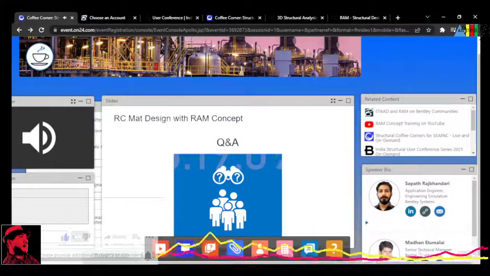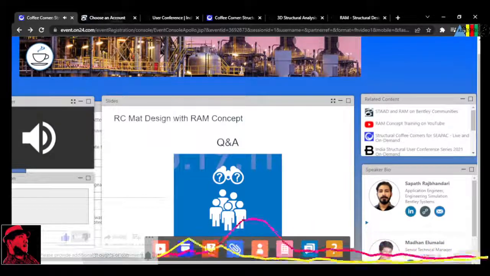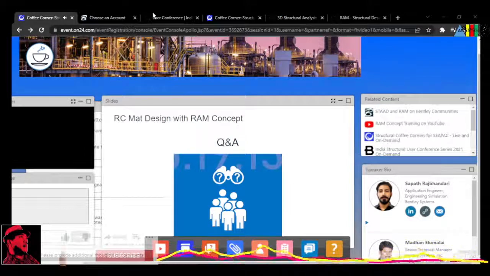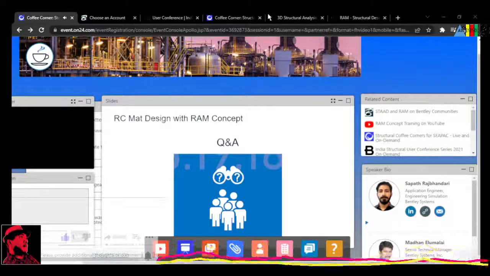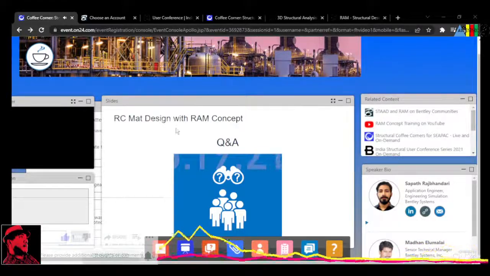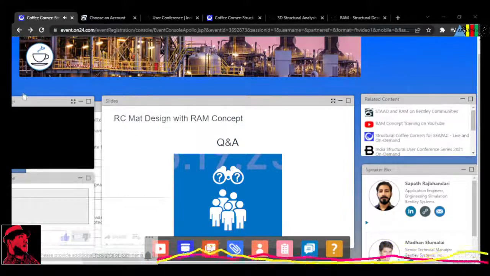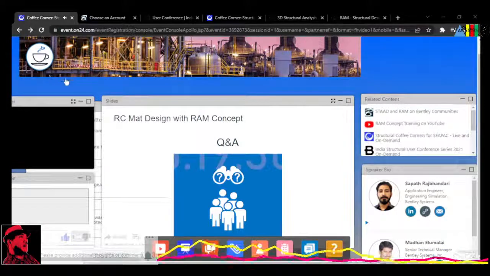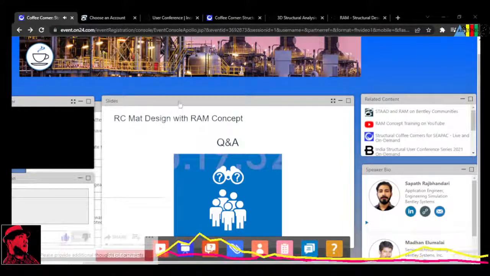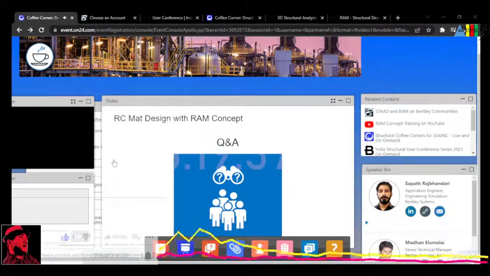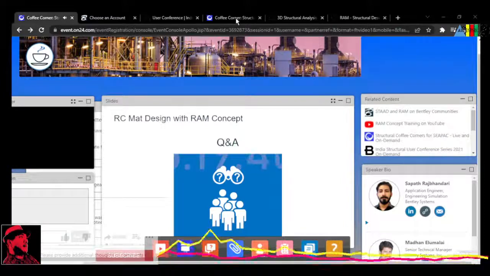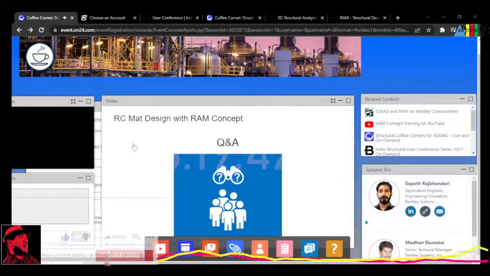How would you best model a step in a raft foundation? The current raft slab I am looking at is 1 meter thick and has a 2 meter step, 2.5 meter step. Is there any connection from the above raft to the below raft? I'm not sure if you're talking about an inclined raft foundation and you want to model it as a step.